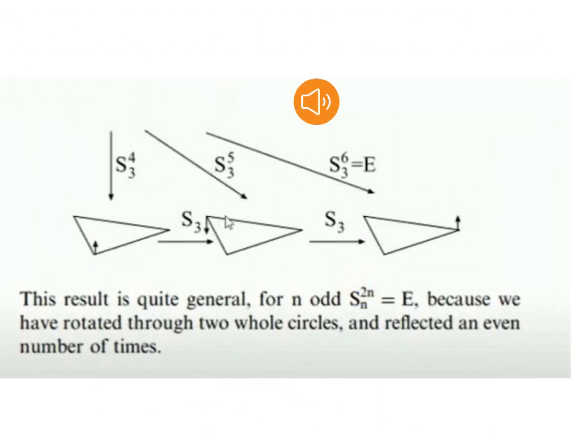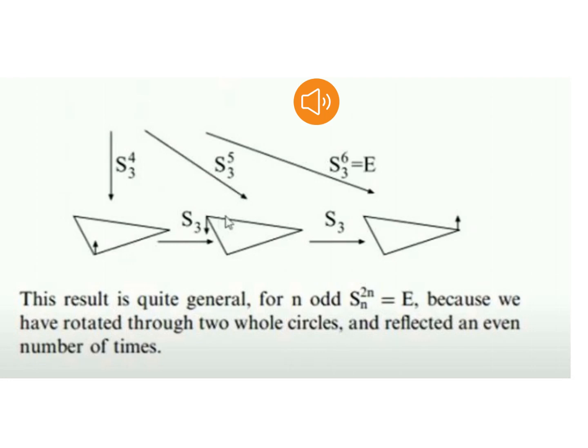If we apply further operations on this molecule, S3 four times, S3 five times, and then S3 six times, this type of structure will be obtained. If we apply S3 six times, it would be equal to identity, because we rotated through two whole circles and then reflected an even number of times.